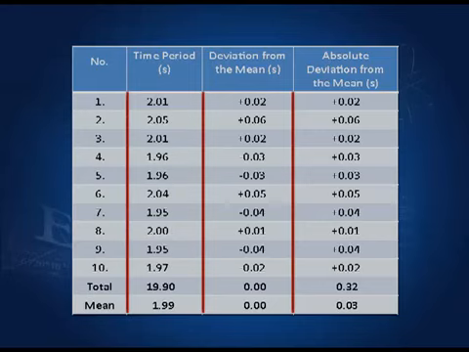But the sum of the deviations which are absolute, which are all positive, that sum is not 0. In this case that sum is 0.32, and if I take the average of all these deviations it is 0.03, and this 0.03 is called the absolute error in the mean 1.99.